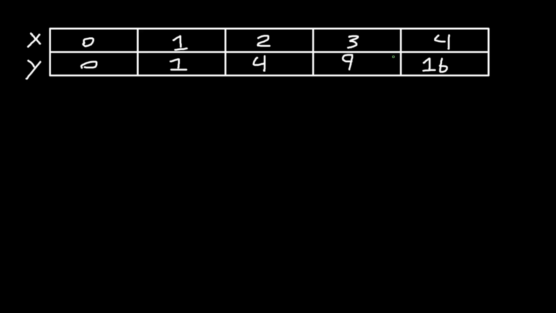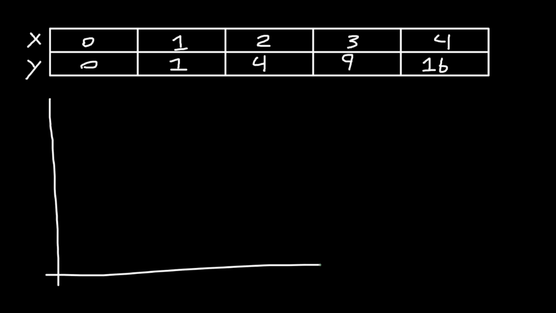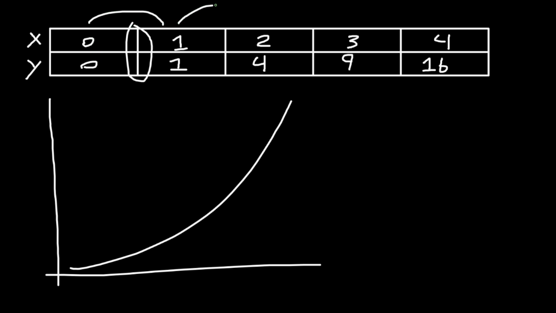Some other things you need to keep in mind is that sometimes the data can be shown in a table instead of a graph. So whenever this happens, you can either just translate the data you're given onto the graph and then solve from there, or you can picture it like each one of these is your subgroups. So then 0 to 1 is a subgroup, 1 to 2 is a subgroup, 2 to 3, and then 3 to 4.